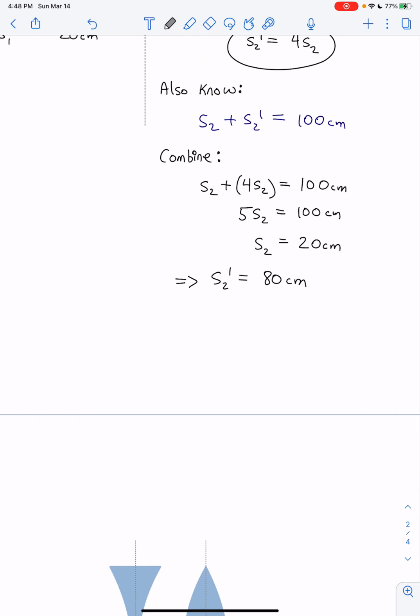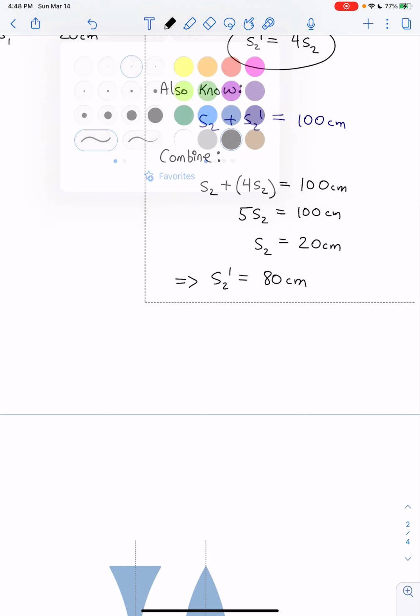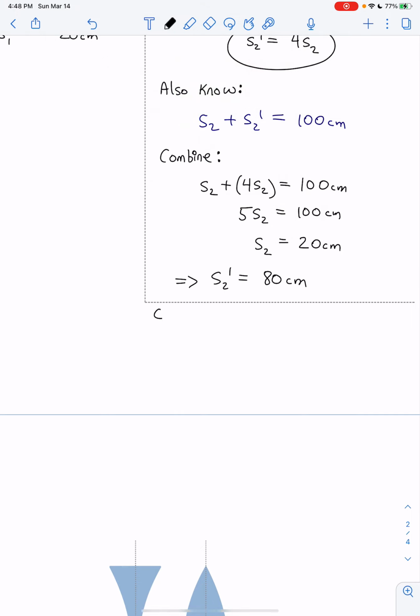Now we can go ahead and calculate the focal length of that second lens. Well, we can use our thin lens equation again.